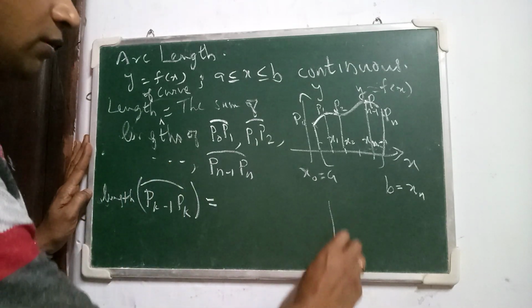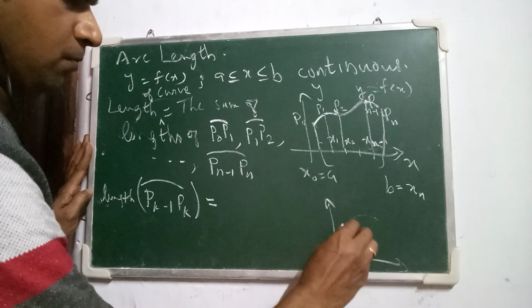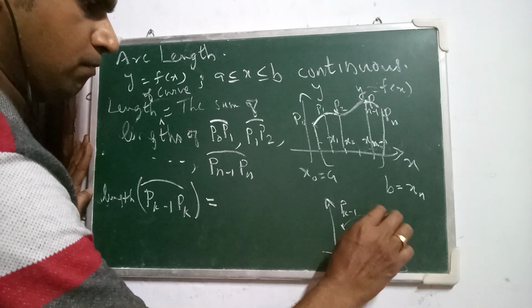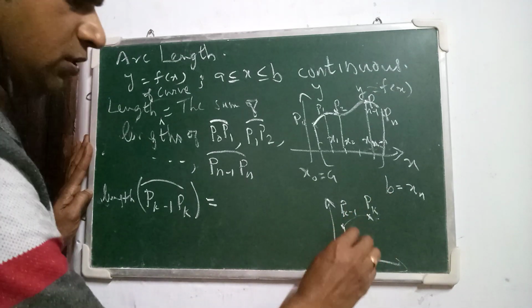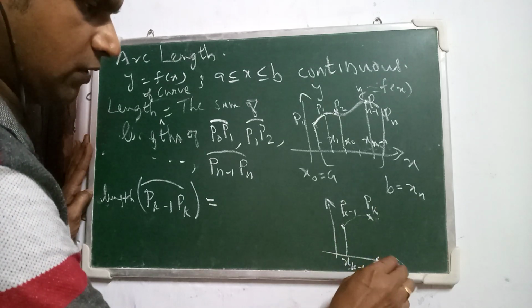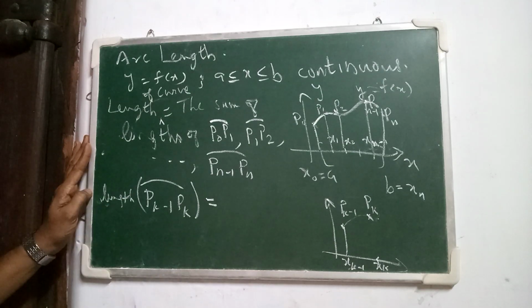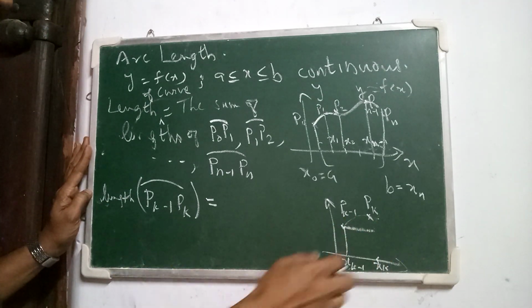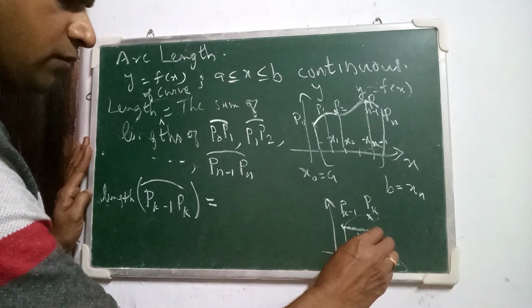Okay, let us draw another figure. Suppose that this is Pk minus 1 and this is Pk. This is the point xk minus 1 and here is the point xk. So this distance is delta x, the same for all subintervals.